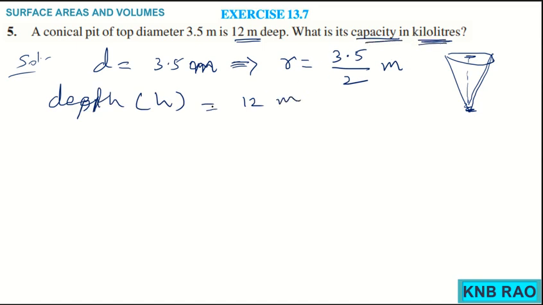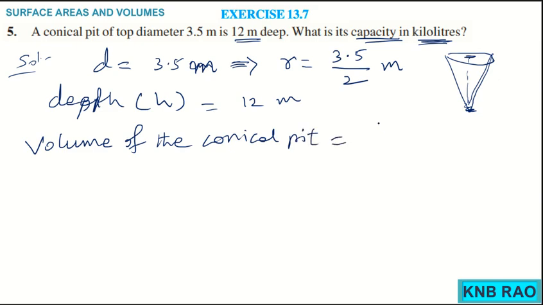Now I will tell you how to convert meter cube into kiloliters. First let us find the volume of the conical pit, which is found through the formula 1/3 pi r square h.